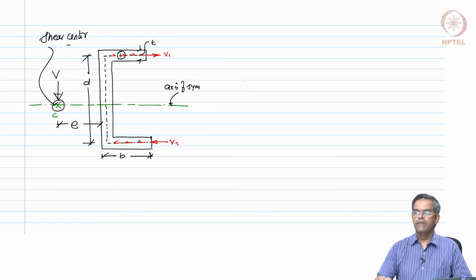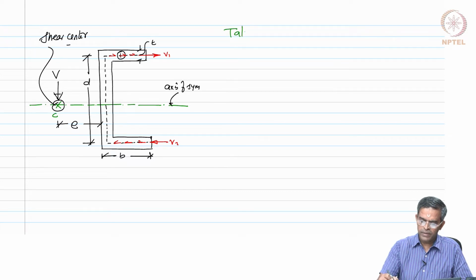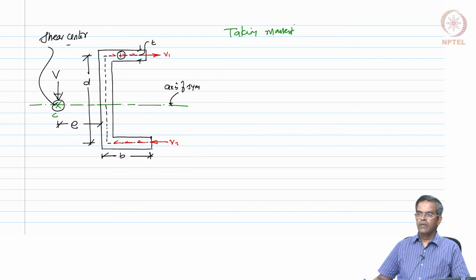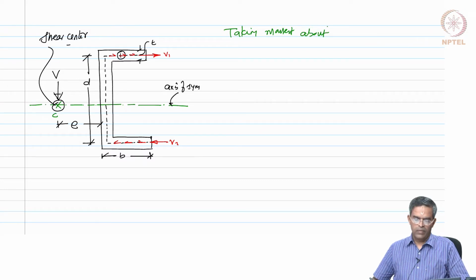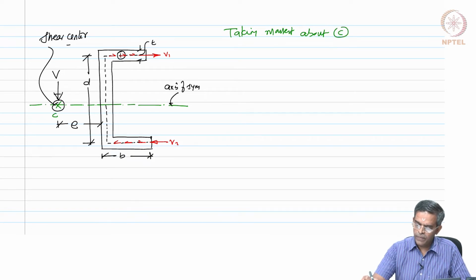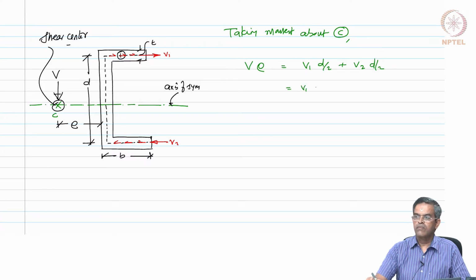We can now say, taking moment about C, V into E should be equal to V1 into D by 2 plus V2 into D by 2, which is V1.